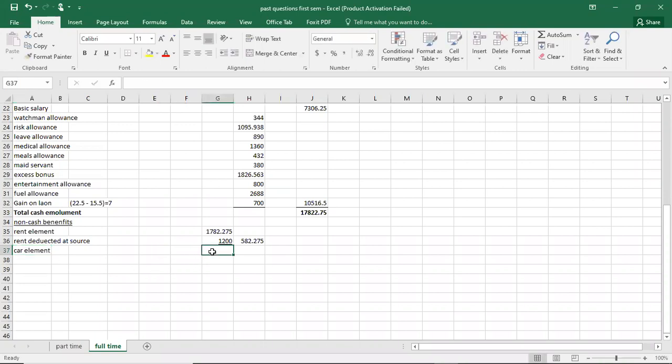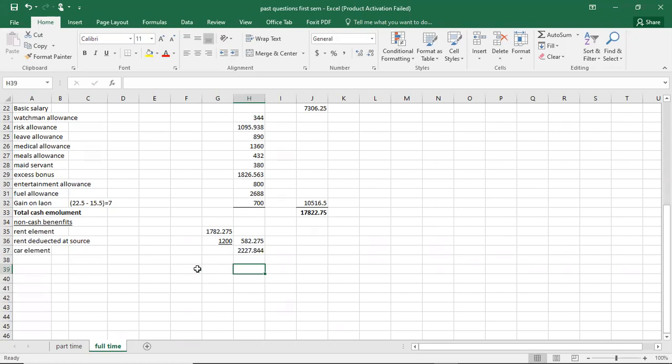And car element should be equal to 12.5% of the total cash emolument, which should not exceed 7,200. And our calculation gives us 2,227. So we are still within the range.